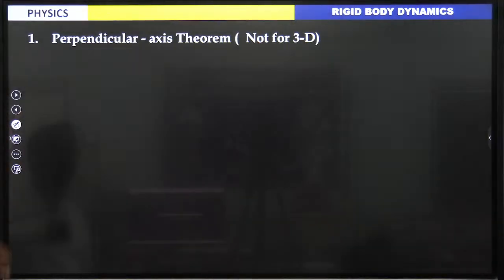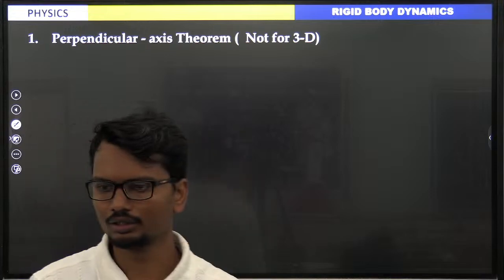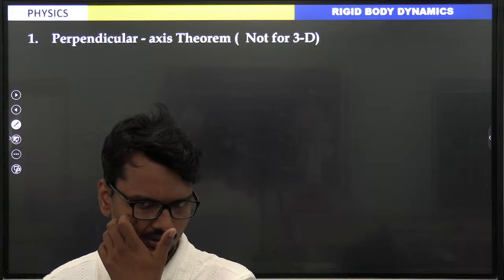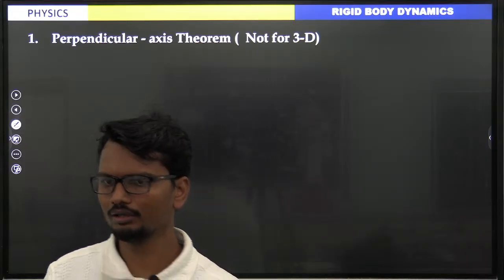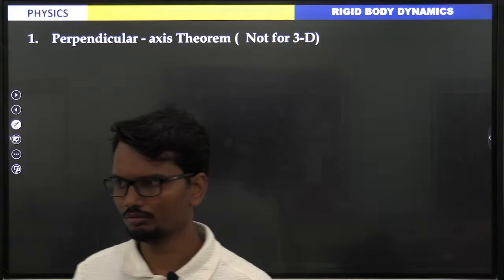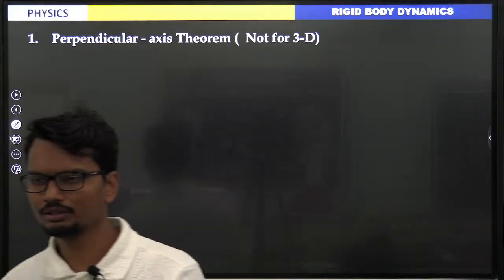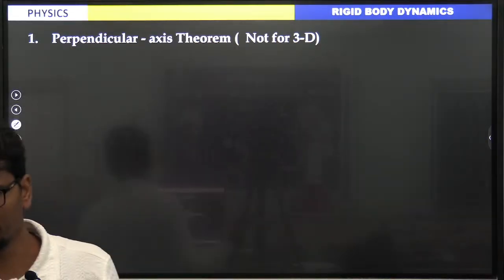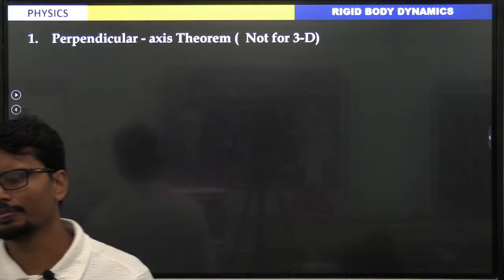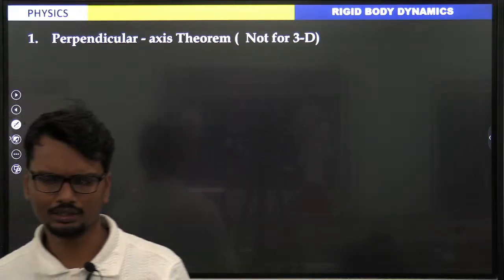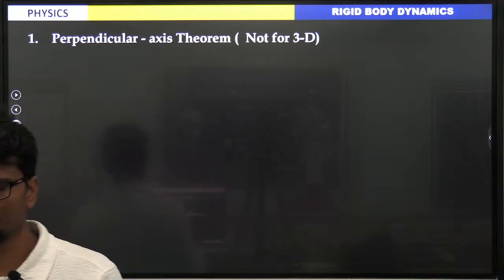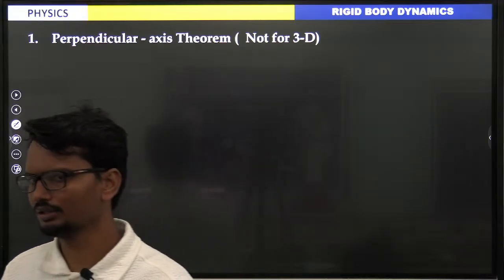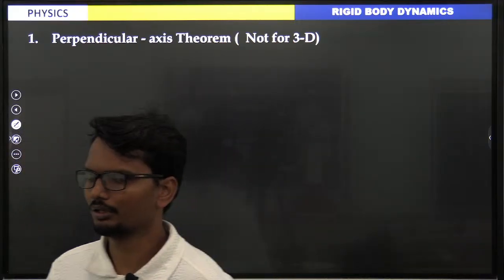Now I am going to derive two important theorems to find the moment of inertia about an unknown axis. How to find the moment of inertia about an unknown axis? In today's class, whatever we studied to find the moment of inertia of continuous objects like ring, disc, solid sphere, in all these cases the axis is passing through the center and perpendicular to the geometrical figure.